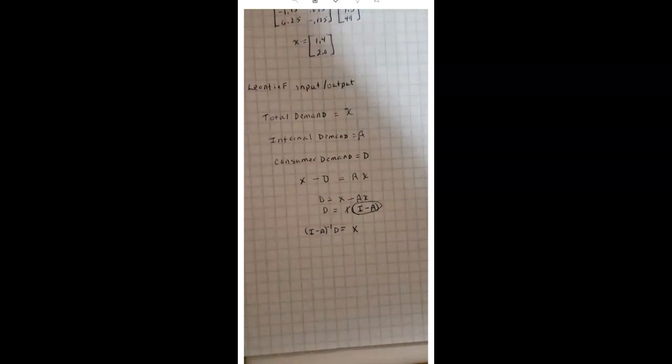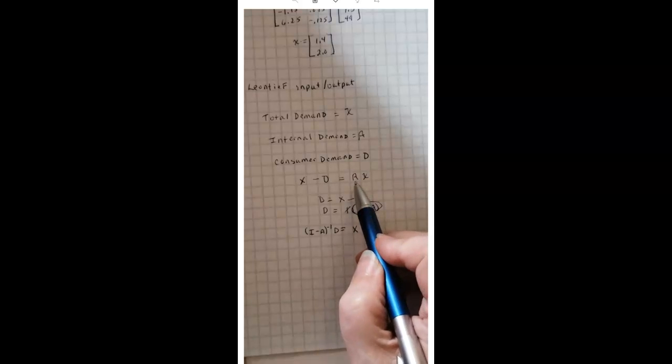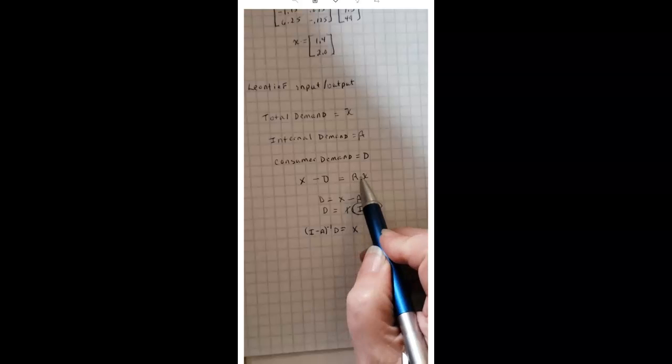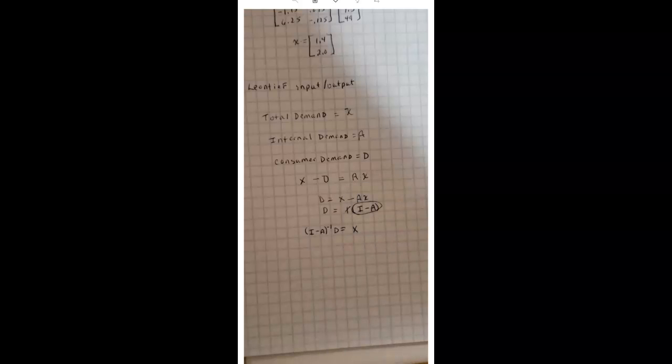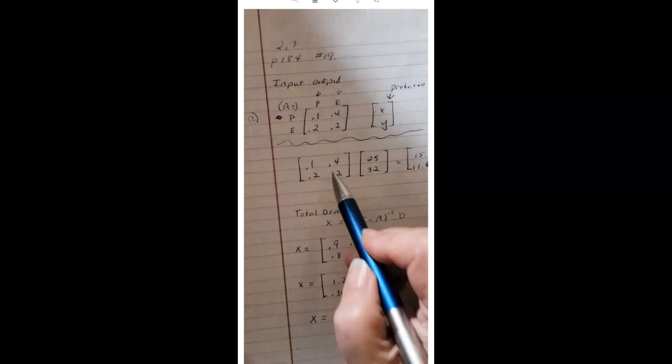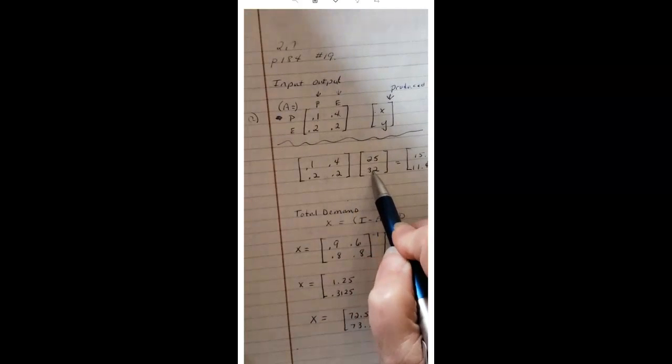Then the next thing it says is that in one month they want to produce $25 worth of plastic and $32 worth of electronics. It says find the value of plastic and electronics used internally, which is an internal demand. So for the internal demand, I need to take A times my demand matrix.